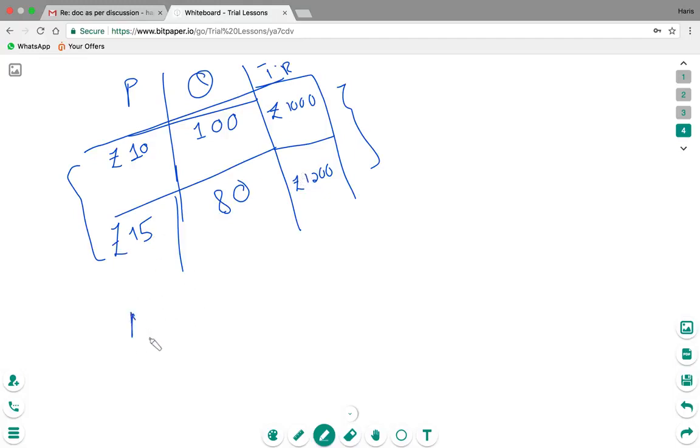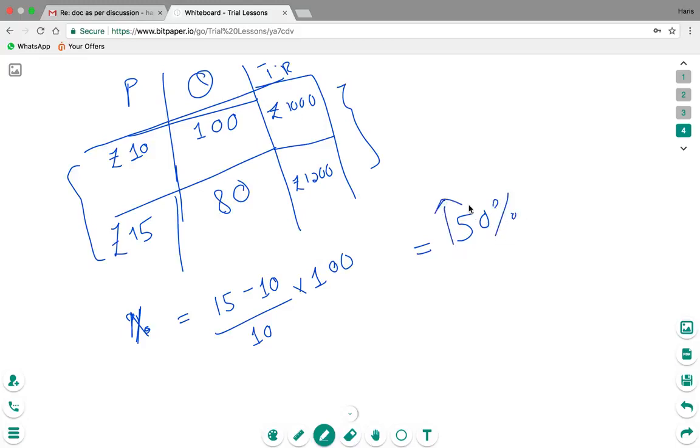It tells us that the percentage rise in price, if you want to calculate it, is 15 minus 10, divided by 10, times 100. It's going to be 50%. So the price increased by 50%.